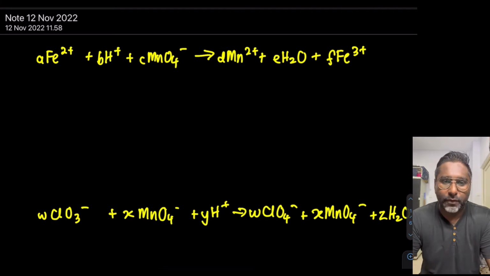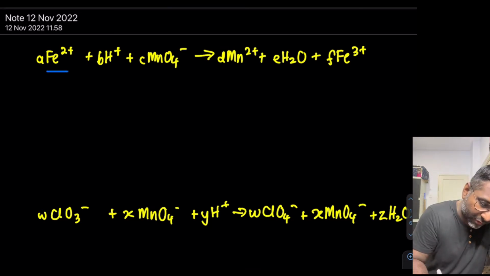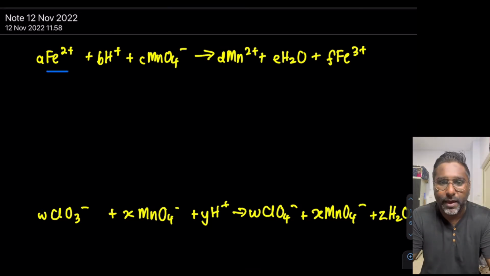First of all, we are using the oxidation number method, so you need to know about oxidation numbers. For how to use oxidation numbers and the general guidelines, you can watch my previous videos, which I will put in the description.